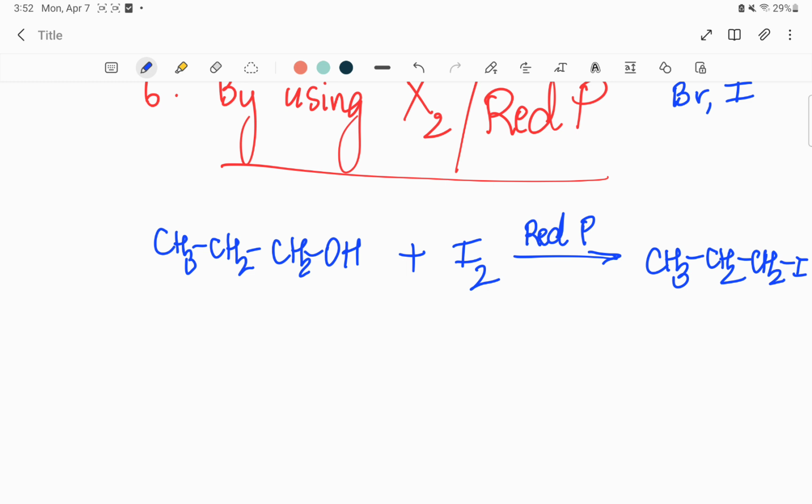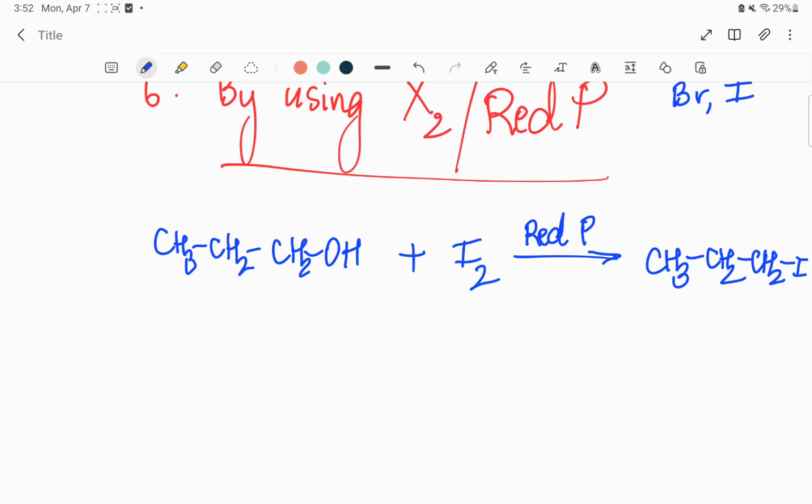Now, other than these, there are many other methods like using concentrated HBr, 48% concentrated HBr to produce bromoalkanes. Also, you can use orthophosphoric acid to prepare haloalkanes from alcohols.